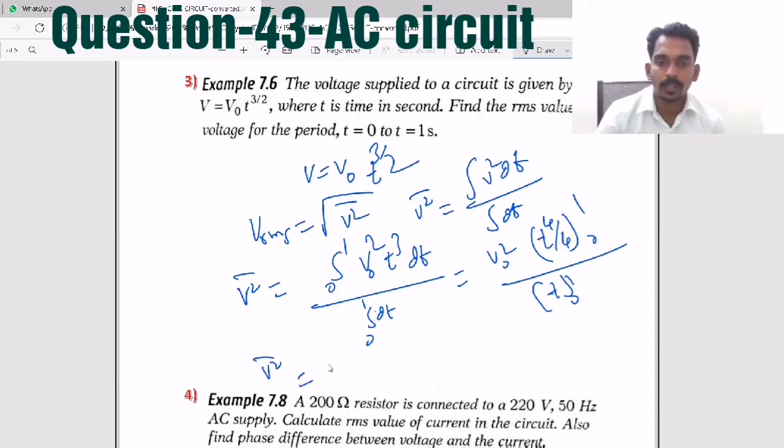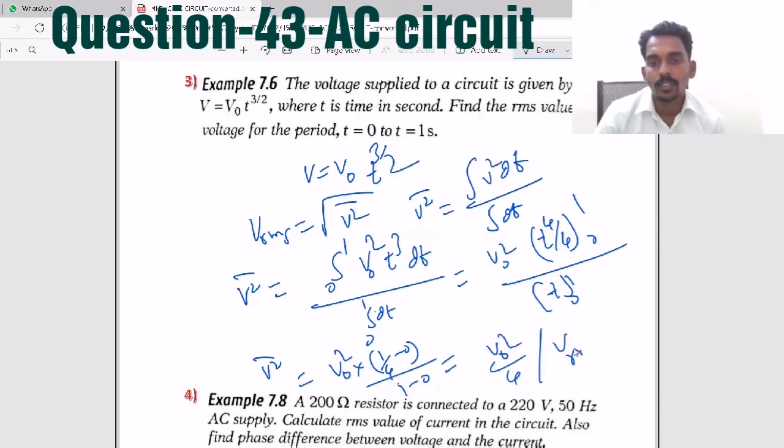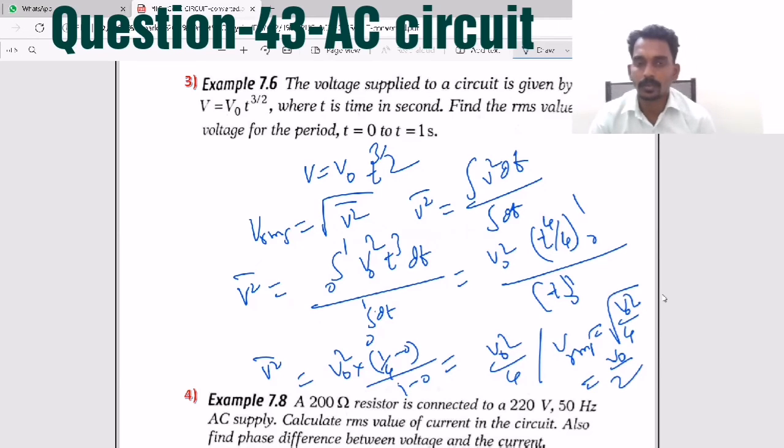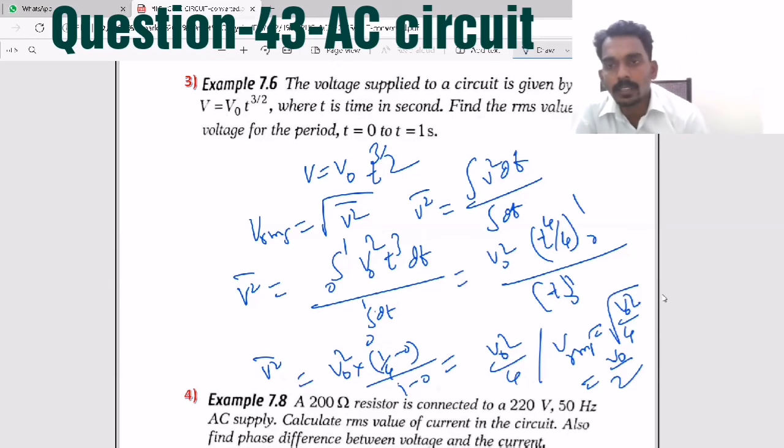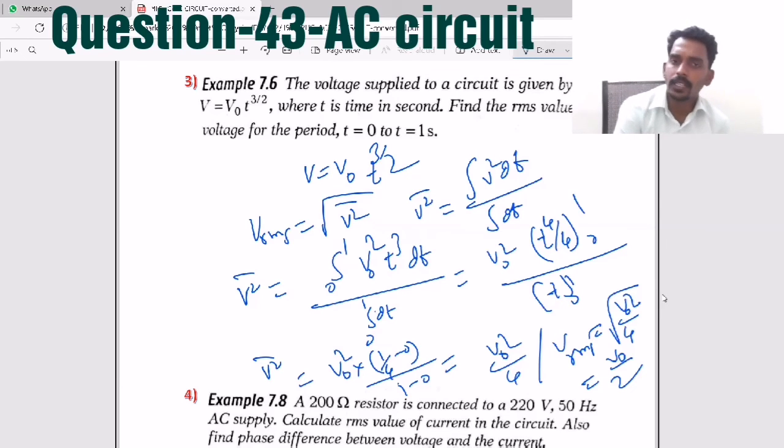So V square bar will become V naught square times (1 by 4 minus 0) equal to V naught square by 4. Now V RMS equal to under root V naught square by 4, nothing but V naught by 2. So this way, when they give a random function, you have to go for integration. Then only you can solve either the average value or RMS value.